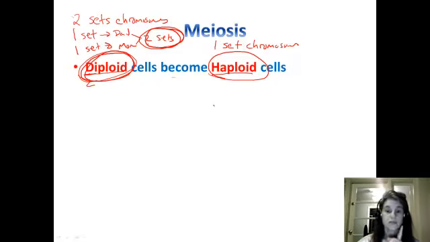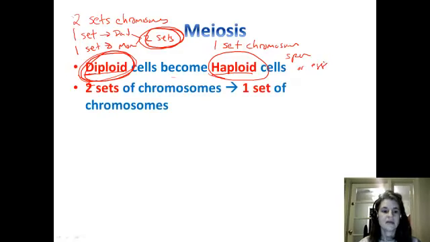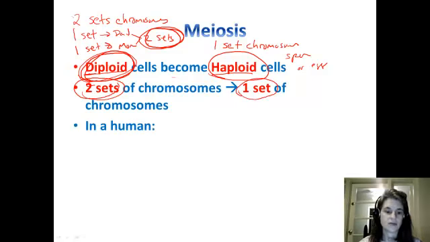One set of genes, one set of chromosomes, and this will be either a sperm or an egg depending on if you were a male or female, okay? So diploid to haploid means in meiosis we are going to go from having a cell with two sets of chromosomes to a cell having one set of chromosomes.